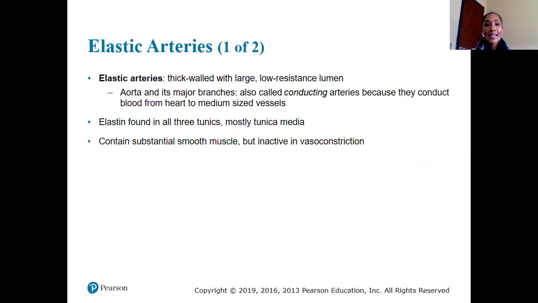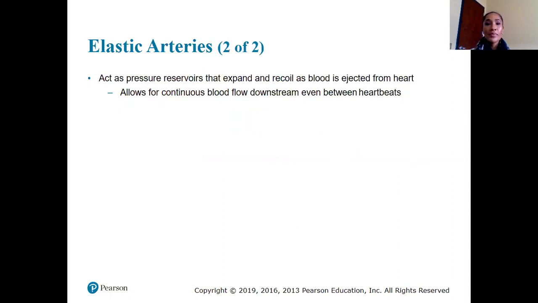We find elastin in all three tunics, mostly in the tunica media, and they contain substantial smooth muscle, but inactive in vasoconstriction. So simply saying that although they contain pretty great amounts of smooth muscle, these smooth muscles are inactive when these arteries are undergoing vasoconstriction.